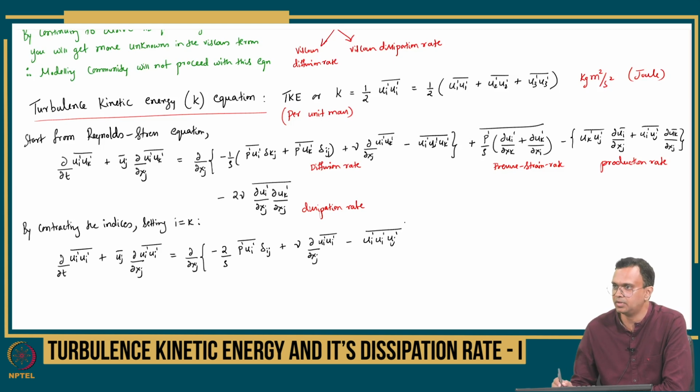Here i and k we are contracting, setting i equal to k, so ui prime and uj prime.